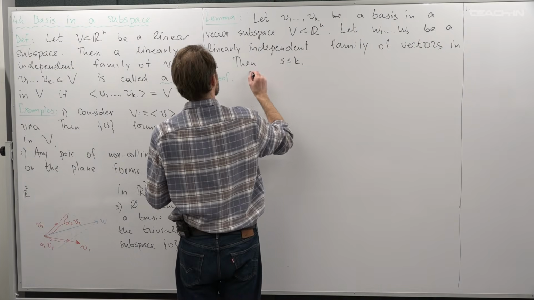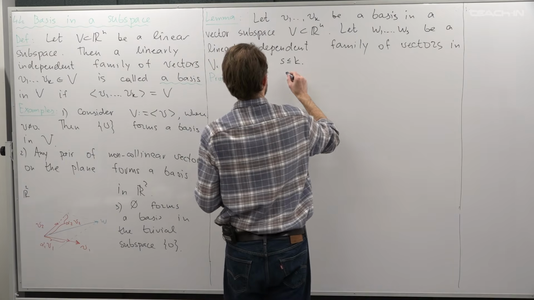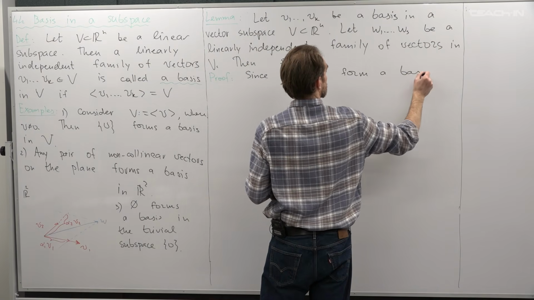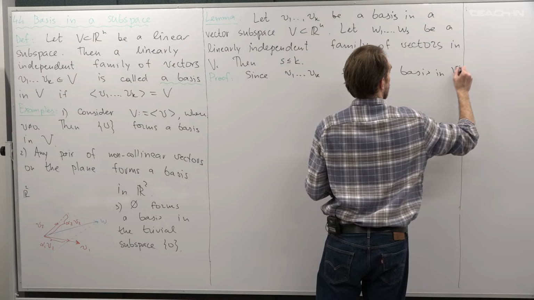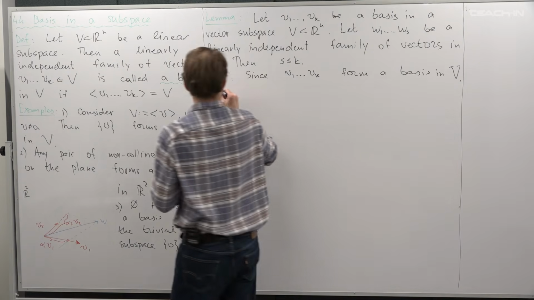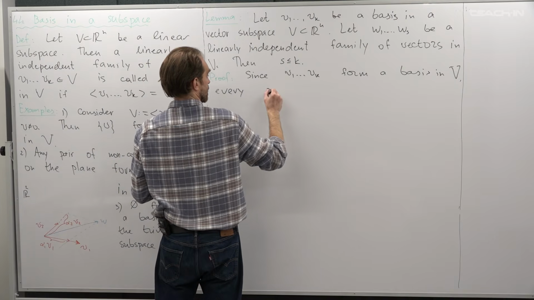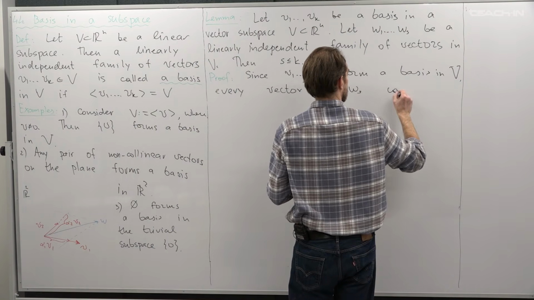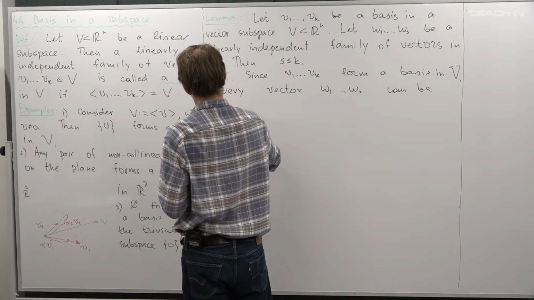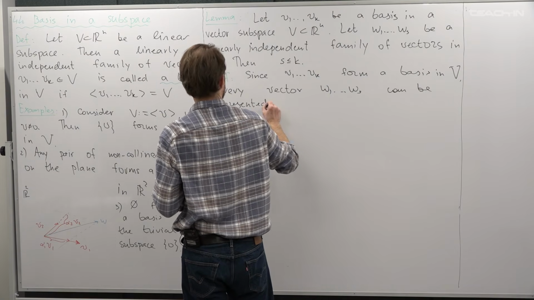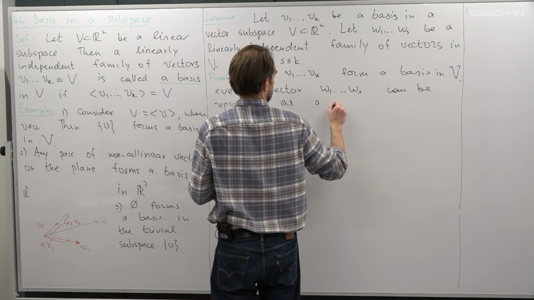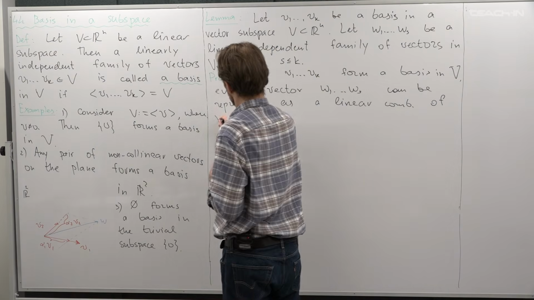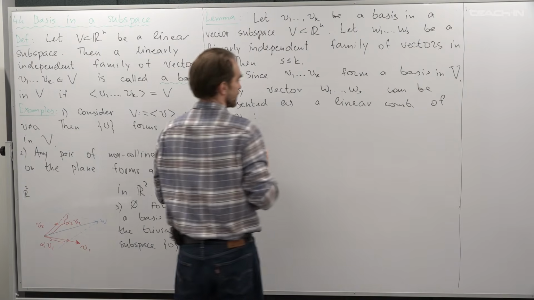Since v1, etc., vk form a basis in V capital, every vector w1, etc., ws can be represented as a linear combination of v1, etc., vk. So what does this mean?